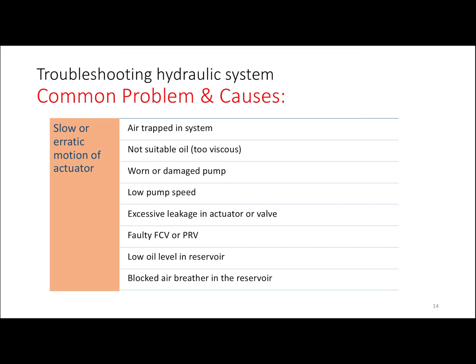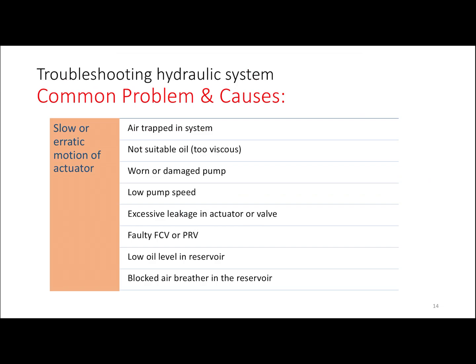Another cause is excessive leakage in the actuator or in the valve, so a lot of oil will go out, pressure lost. Another problem is because of a faulty flow control valve, which makes the movement of the actuator slow or erratic, or it is a faulty pressure relief valve.